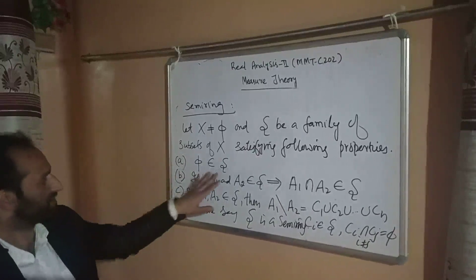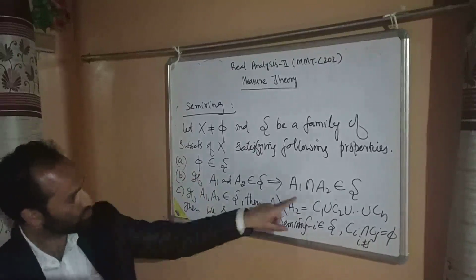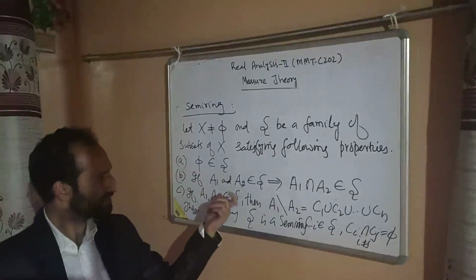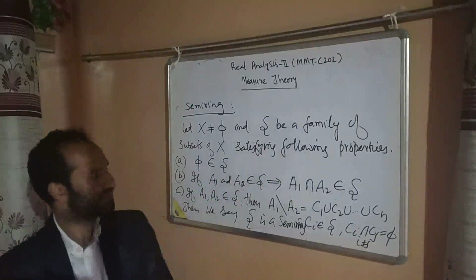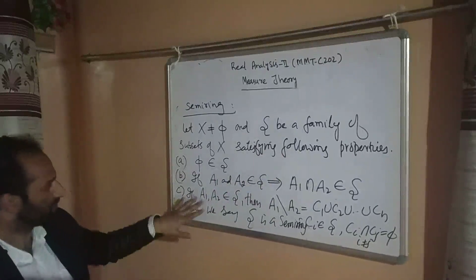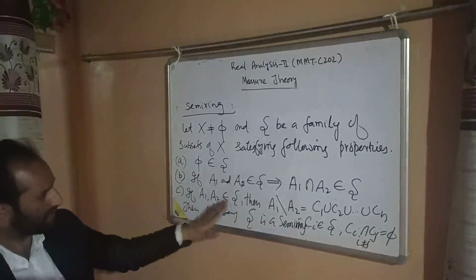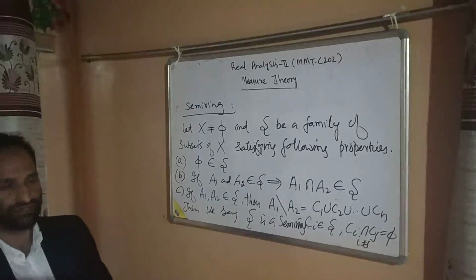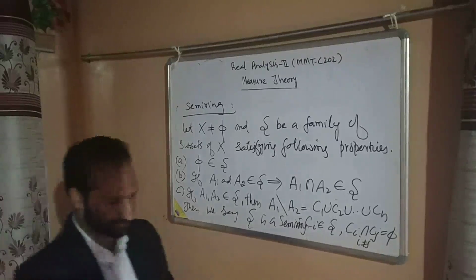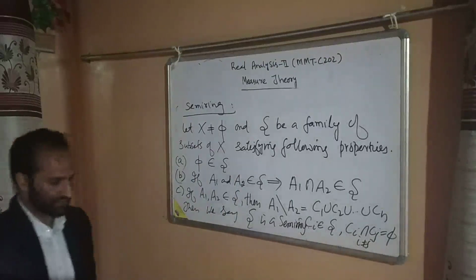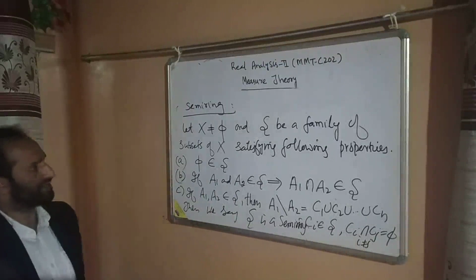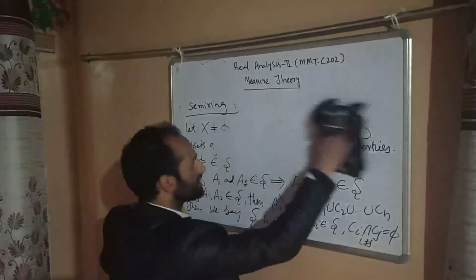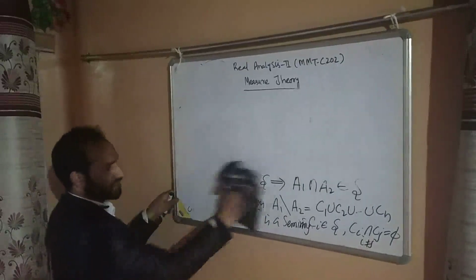Phi should be a member of S. It should be closed with respect to intersection, meaning if we choose any two members of S, then their intersection must be a member of S. And third, if we choose any two members of S, then their set difference must be equal to a finite disjoint union of members of S. That's the definition of Semiring. We have already discussed an example: the class of semi-closed intervals is a Semiring.